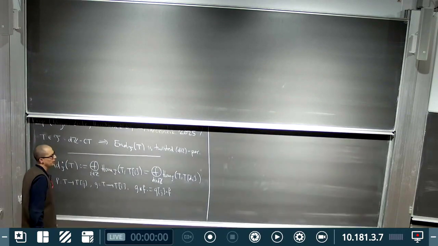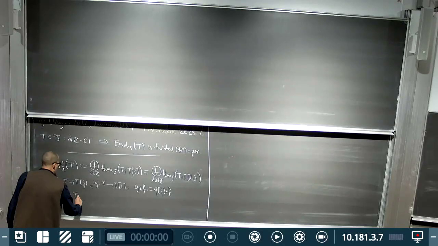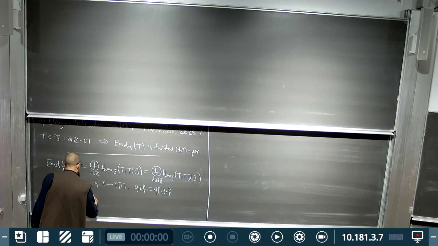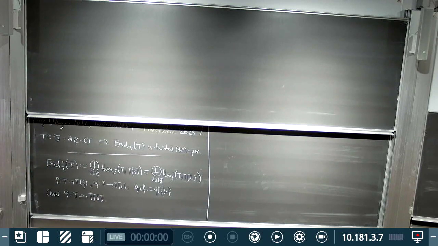Another thing I want to observe is that I can choose an isomorphism phi between T and its d-th shift, because the existence of such an isomorphism is part of the definition of being a d-Z cluster tilting object.